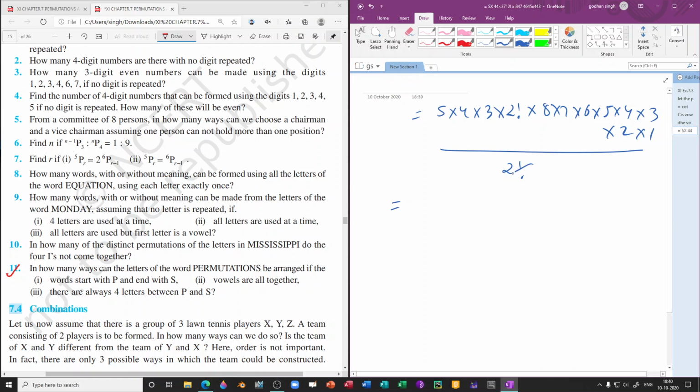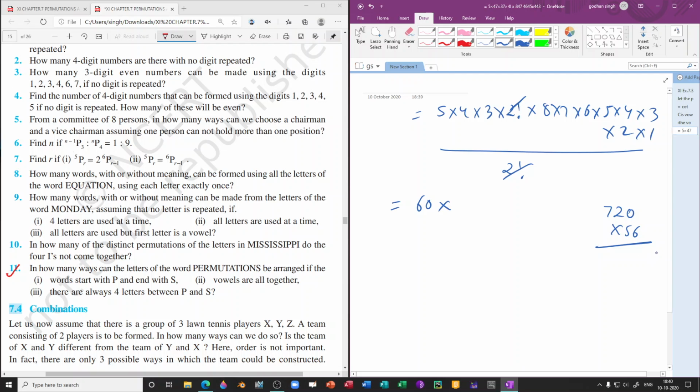So 2 factorial and 2 factorial cancel out. 5 into 4 is 20, 20 into 3 is 60. So equal to 60 into, now let us do the multiplication. 60 into 2 is 120, 120 into 6 is 720. So 720 multiplied by 7 into 8, that is 56.